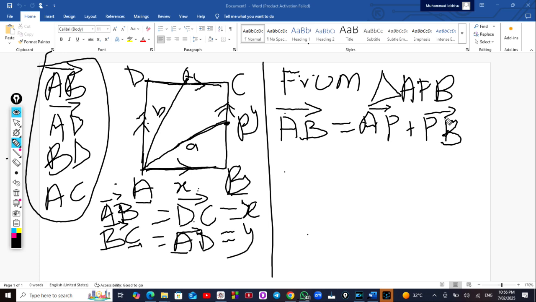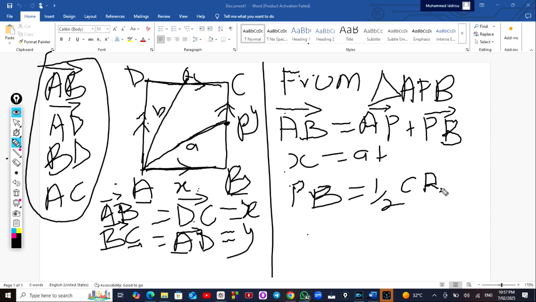So we are saying that X is equal to AP, which is A, plus PB. PB, because it is a median, we can say is equal to half CB.